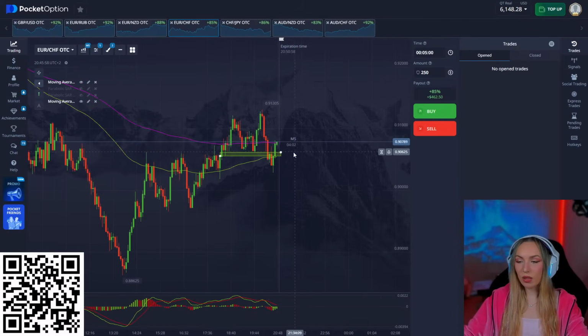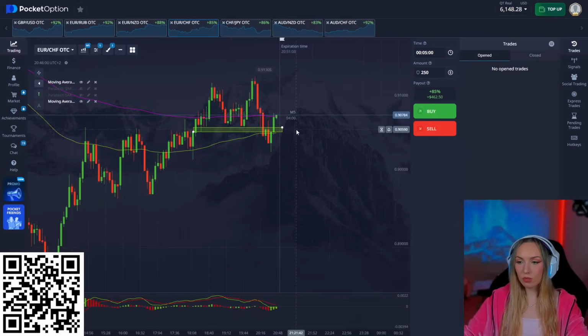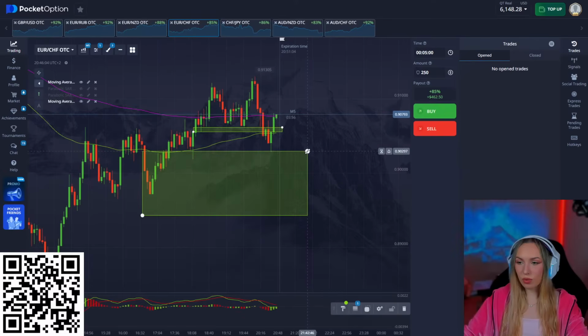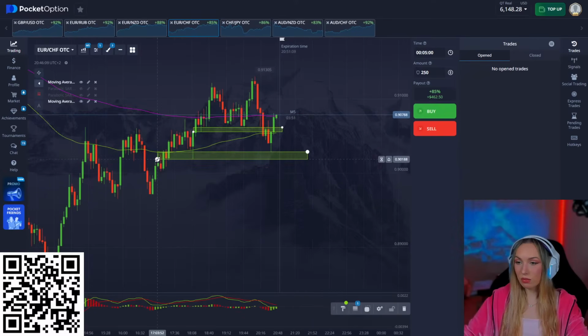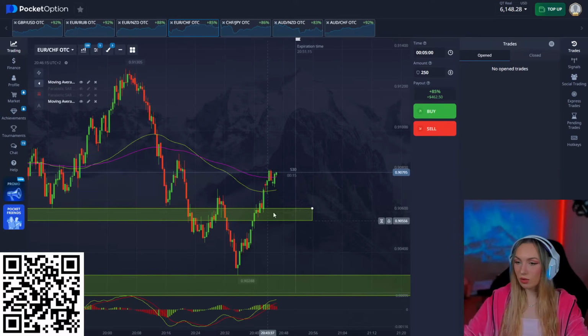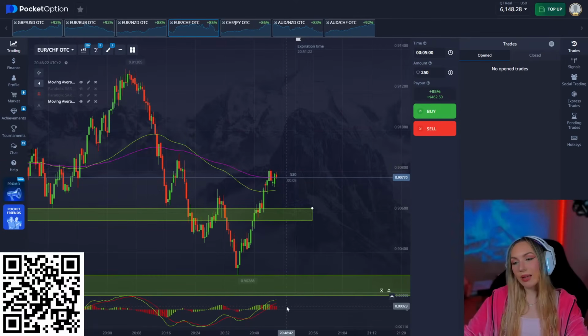Euro CHF, what is going on here? Can I try to draw the support here? Maybe. I believe that it will go upward, to tell the truth. Let's open the trade here, maybe.